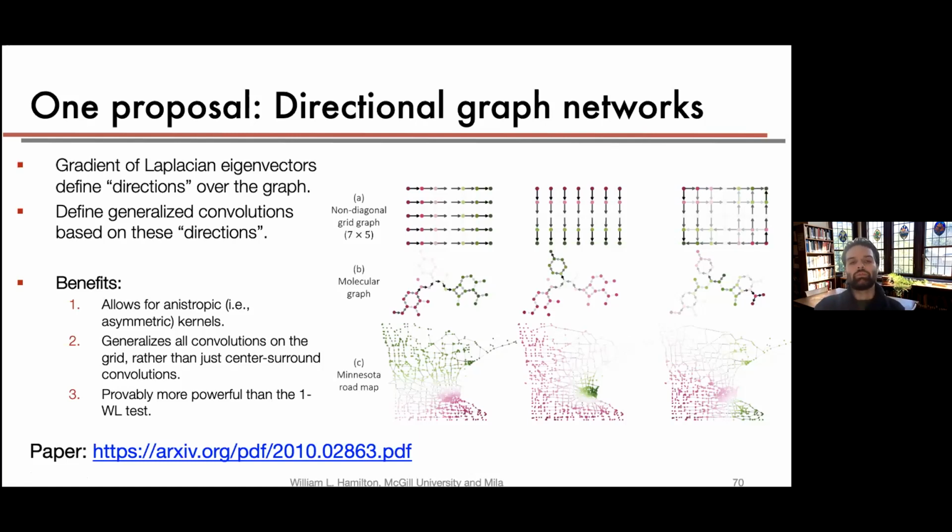And we show that using this approach, we can have methods that are more powerful than the WL algorithm, and also that generalize convolutions on grids in a more powerful way. So we can represent any kernel that we could have in the image domain using this approach. So this is just a teaser in terms of an exciting direction. And I listed the paper down here at the bottom.